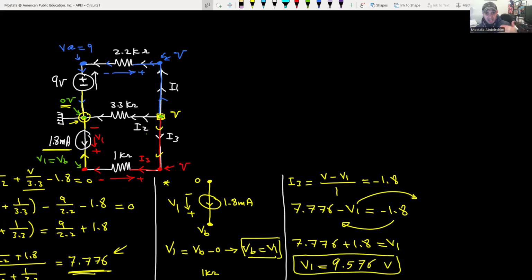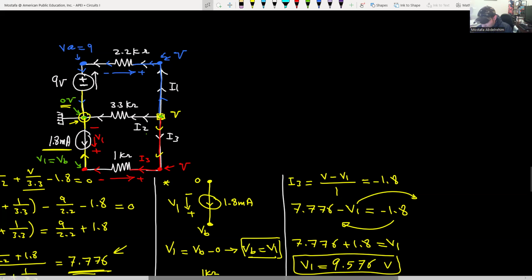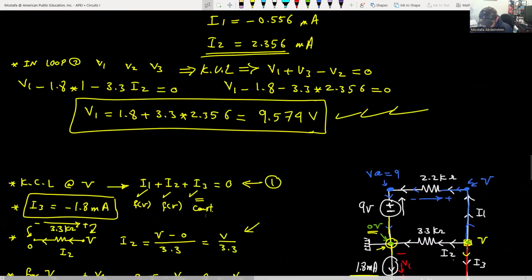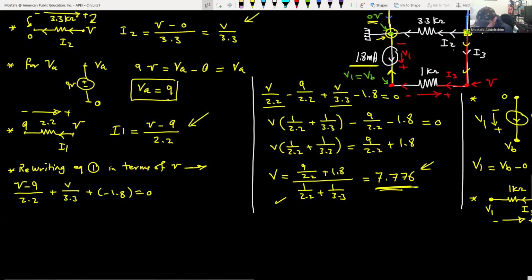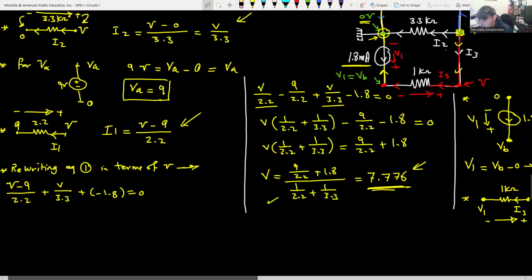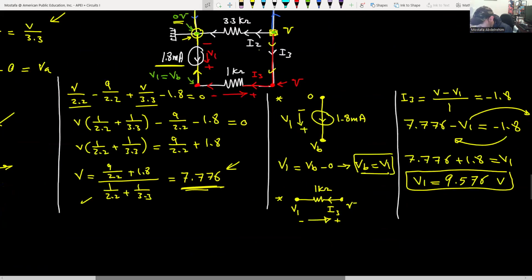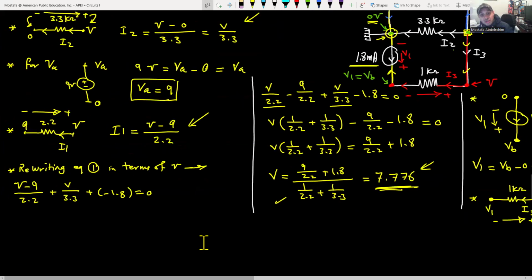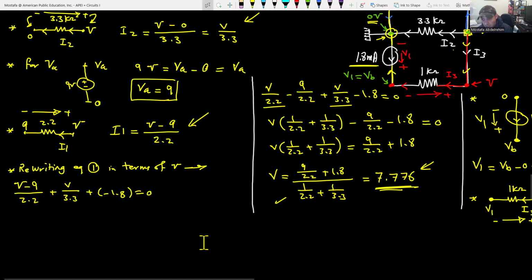Let's check against the previous one. So 9.57, yes. Of course, you can say 9.574. Here it's 9.576, I believe. Yeah. So they are different, but that's fine. Don't worry about that. This is just normal rounding errors that happen when you use multiple or different solutions for the same example.